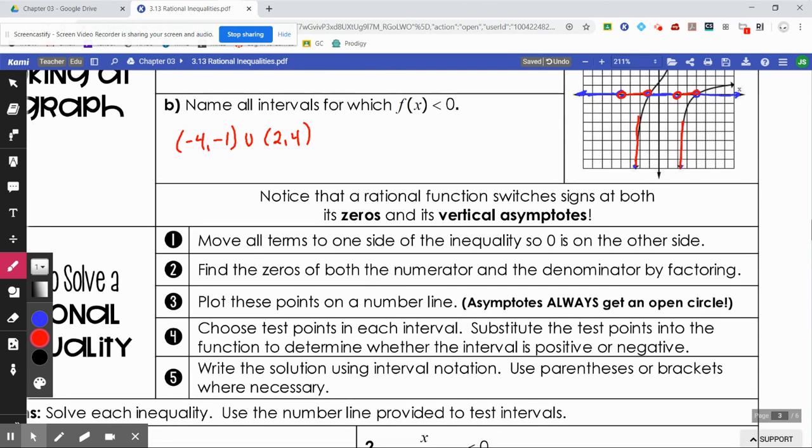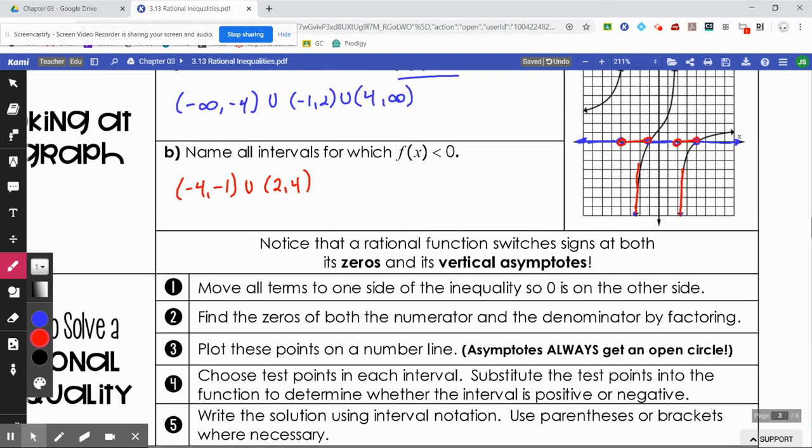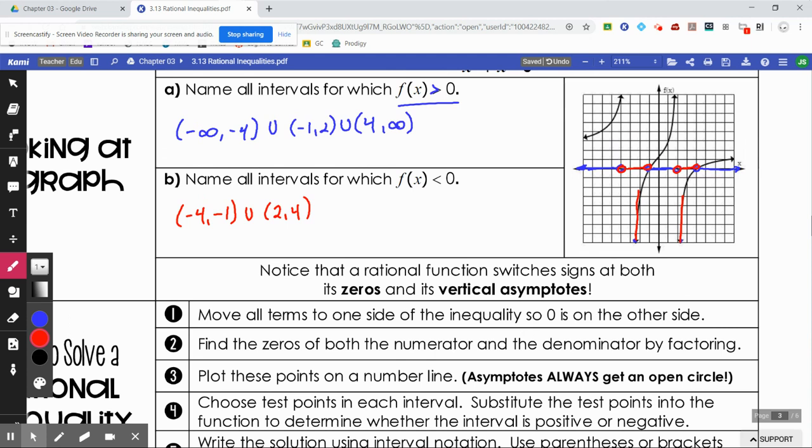So again, notice that the rational function switches signs at both its zeros and its vertical asymptotes. There's not just one place. In the last section, it might jump from above to below at just the zeros. But now, in this case, it was above the axis, but at this asymptote line it jumped from up here to down here. Same thing at this one.